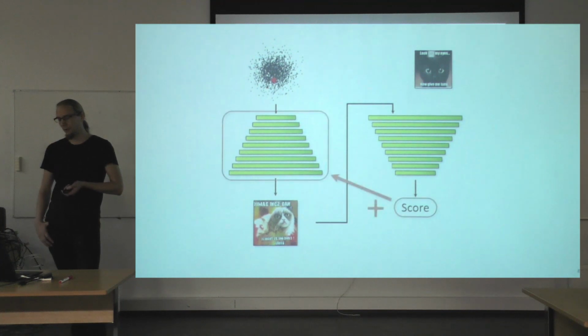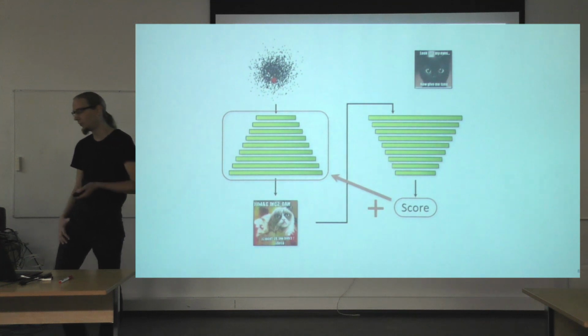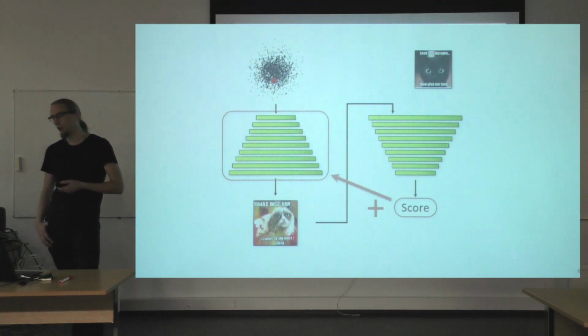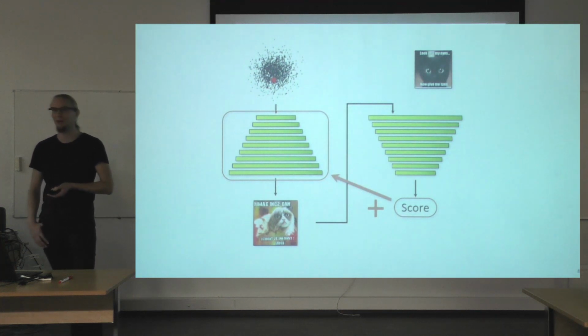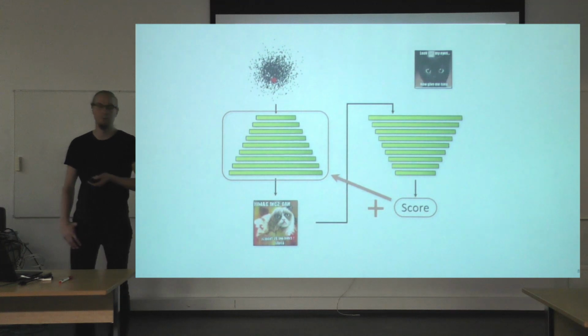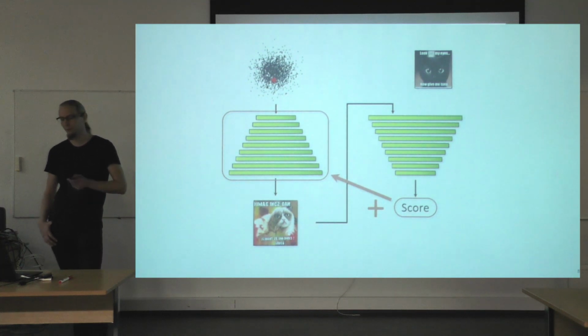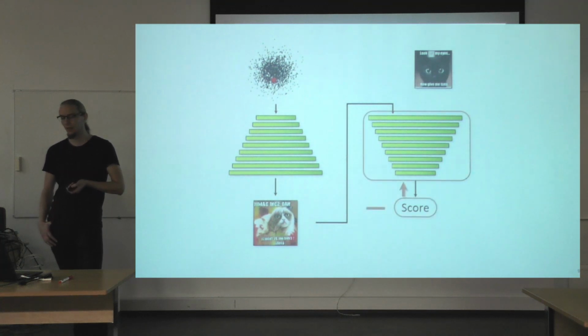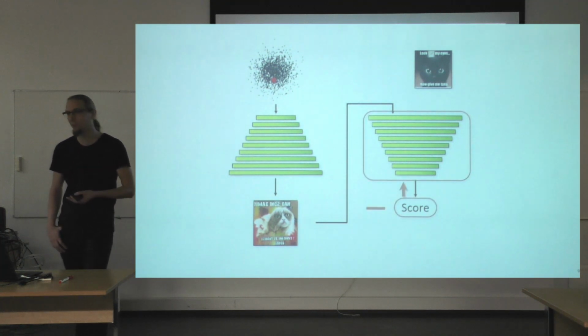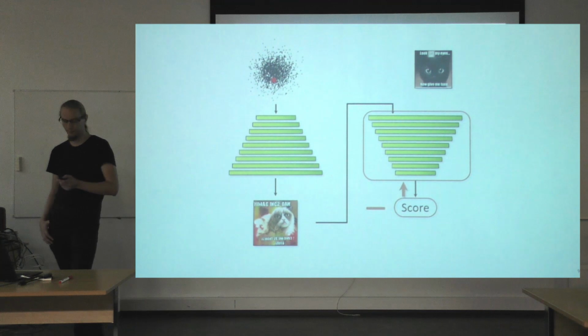And we can now train the generator the same as before. We modify it to improve the realism determination as given by the discriminator. But at the same time, we also need to train the discriminator. And the way we do that is that we show it images produced by the generator, and we modify it so that these images are given low scores.